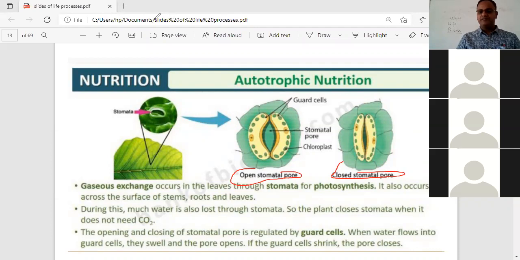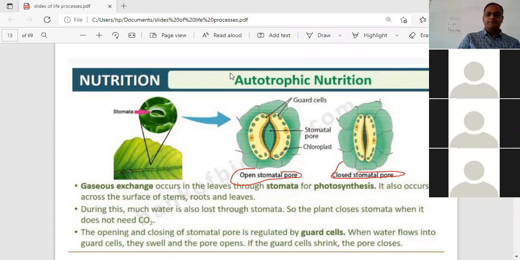Yes, Ria, you can unmute yourself. Ria, what will happen if the stomata is open? So the gases will exchange. The gaseous exchange will occur. Okay, fine. Okay, Arushi, through the chat box you can give me the reply.